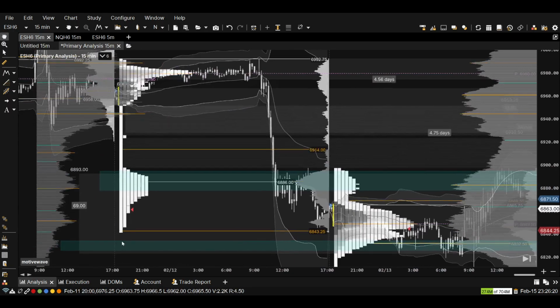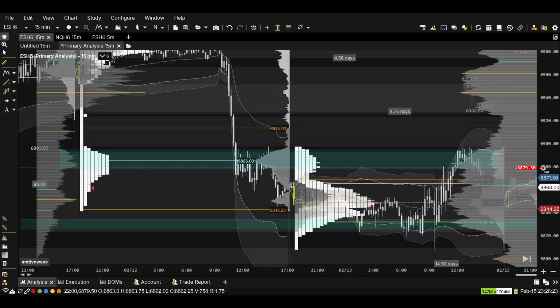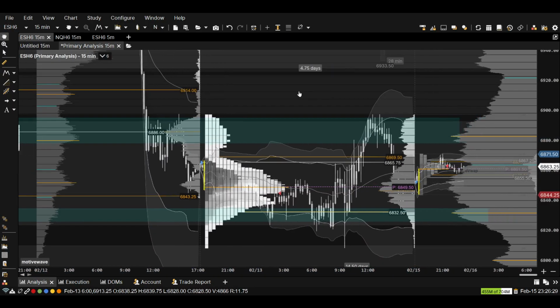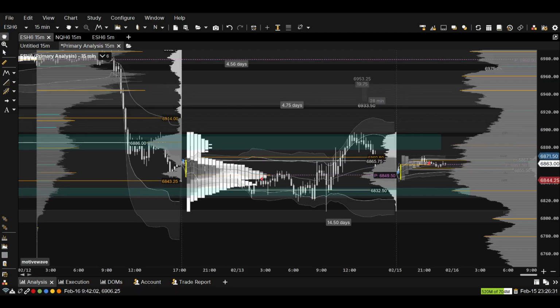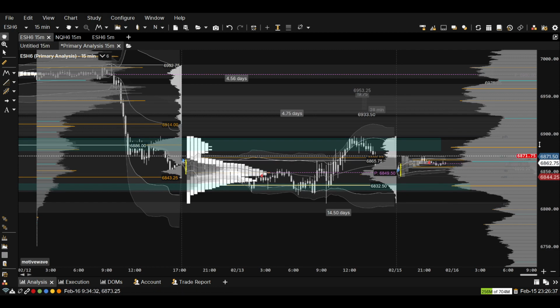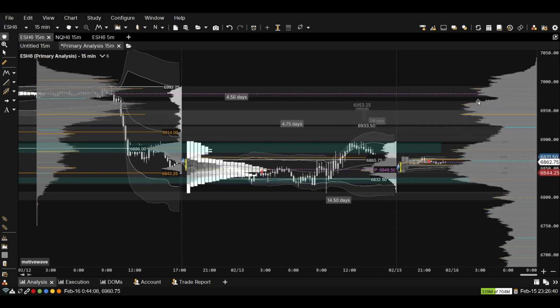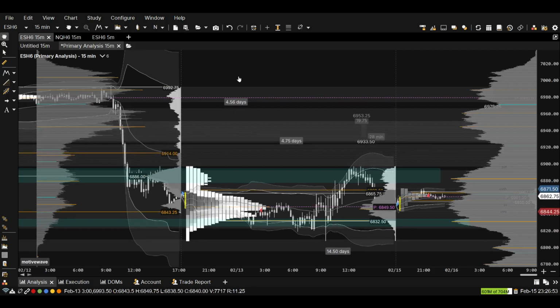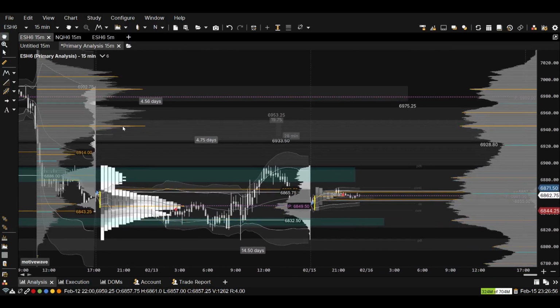But here we have a good confluence with the high volume node of this composite volume profile. Here we have a balance area, here a low volume node. And in the 13 days composite volume profile, we have a huge high volume node in this area.